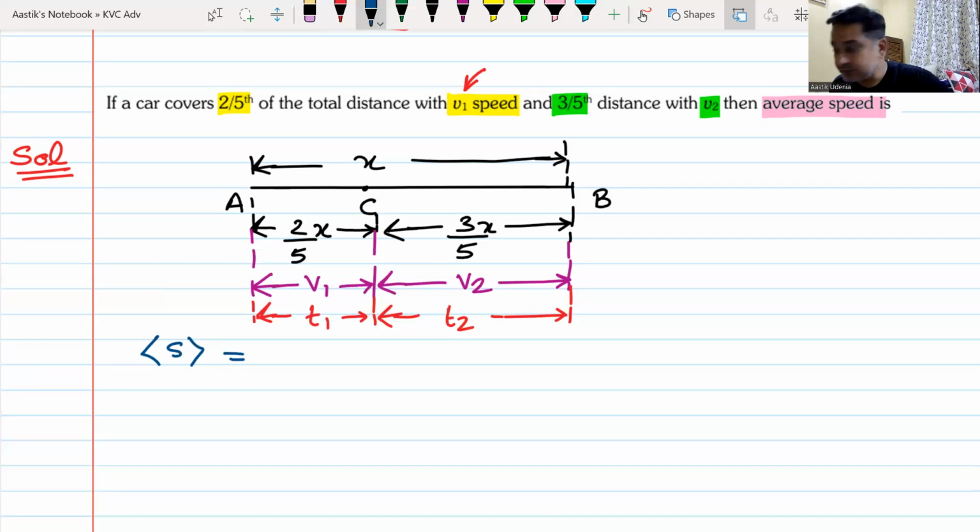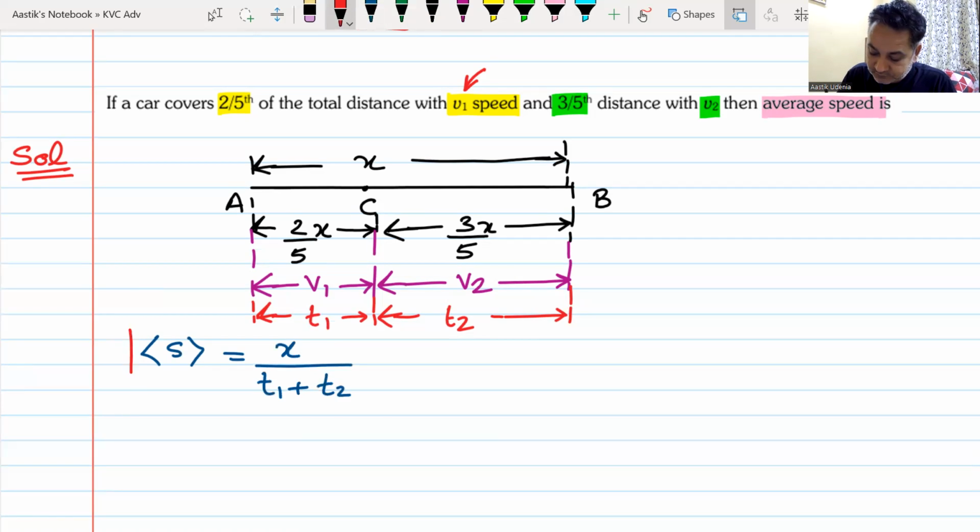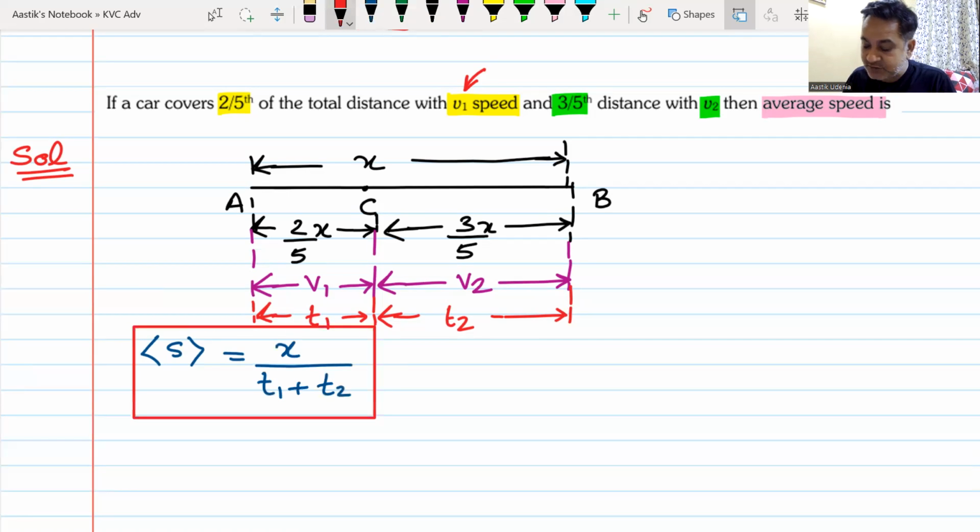Please tell me. The total distance from A to B is x, yes or no? Yes, sir. And the total time is T1 plus T2. Do we understand this? Yes, sir. I just need to find out the value of T1 and T2.